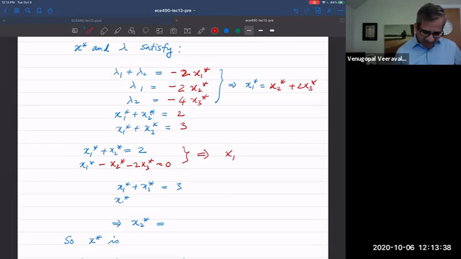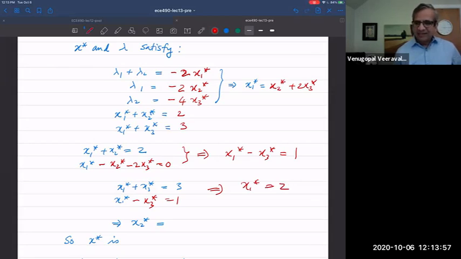So x1 star minus x3 star equals 1. And then we have x1 star plus x3 star is 3 up there. So we can solve for this. This implies that x1 star equals 2 and x3 star equals 1. Then x2 star we can get from one of those other equations. Since x1 star is 2, x2 star is 0.